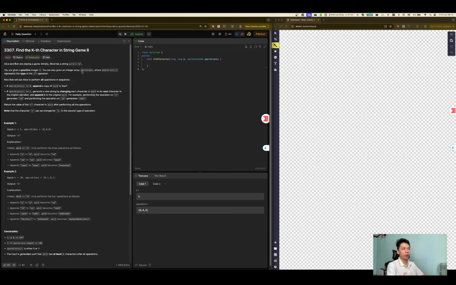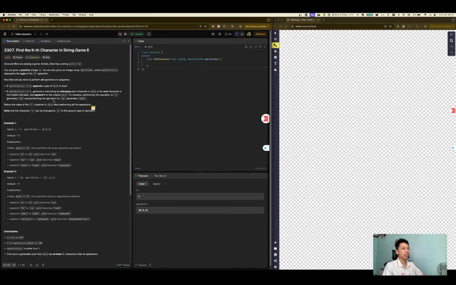So given an integer array operations, where operations[i] represents the type of operation, okay? Operation 0 appends a copy of word to itself. For example, when you've got ABC and you use operation 0, it copies to ABCABC, right? Operation 1, as in the previous problem, generates a new string by changing each character in word to the next character in the alphabet, okay?